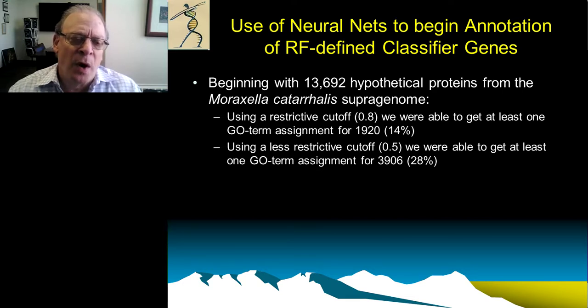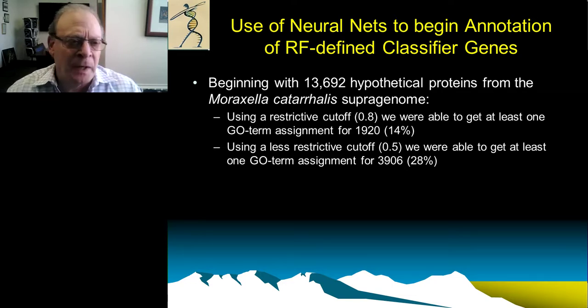They got at least one gene ontology term for 1,920 of these hypothetical proteins, or 14%. And using a less restrictive cutoff of 50% accuracy, they were able to get at least one GO term assignment for twice as many genes, 28% of that total.